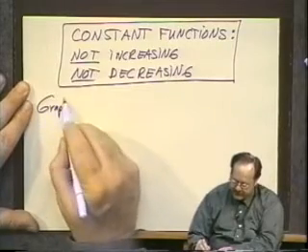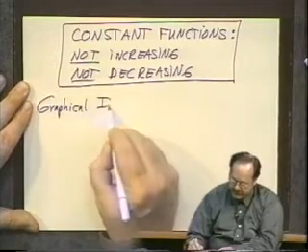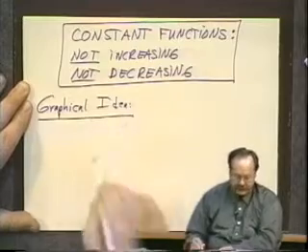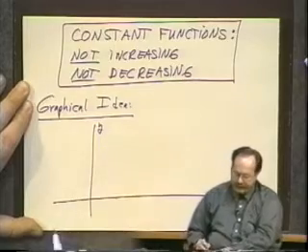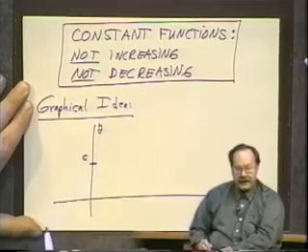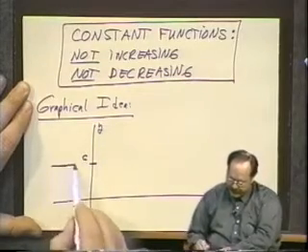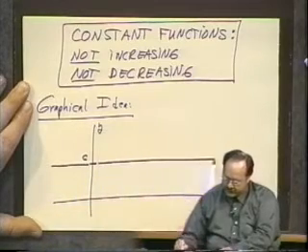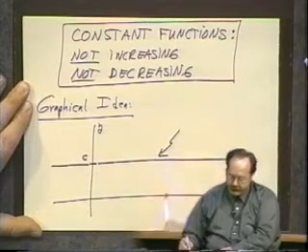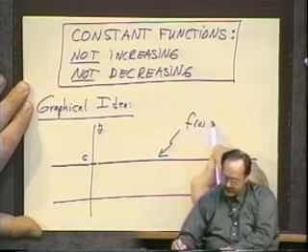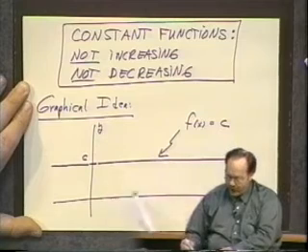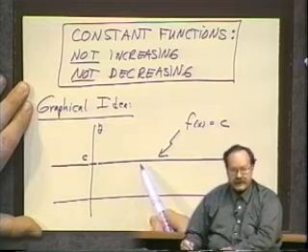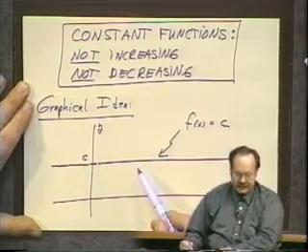The graphical idea, of course, is very simple. Just doing this for completeness. Here's my axis system once again. There's x, there's y. And if this is a point c on the y-axis, then if I draw a line through that is horizontal, this would be the function f of x equals c. That says the height is always c. No matter where you go along here, you go up a distance c to get to the curve. It is constant.